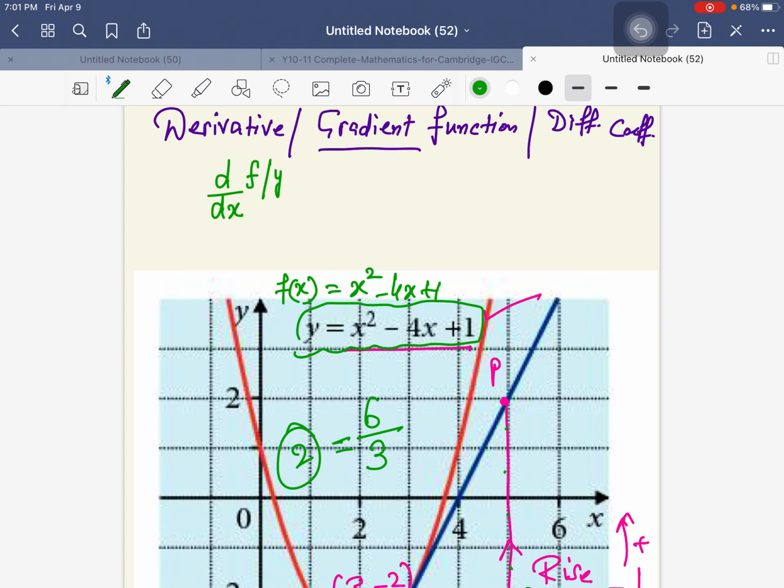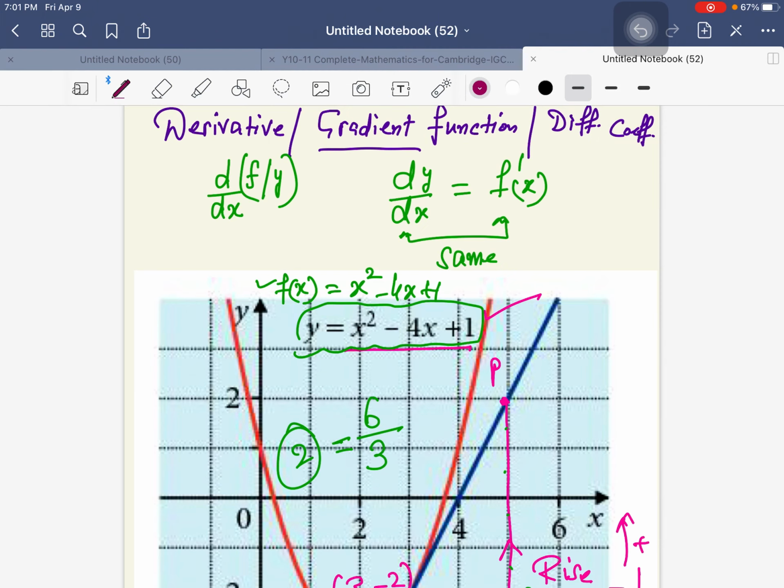So we find the derivative of this function y. So this derivative is d/dx. By standard norms, we write d/dx of y if the function is y, and if the function is f, we write f dash x. Both things are the same, and that's called the derivative of a function or an equation or a polynomial.